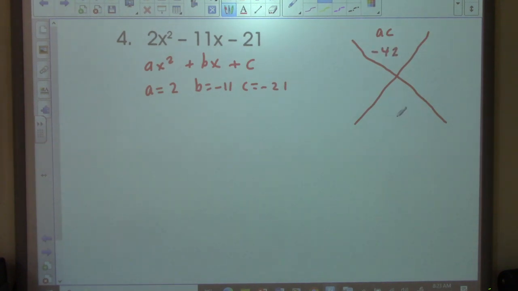Then at the bottom of the X, you put b, which is negative 11. You're looking for two numbers which, when multiplied together, equal negative 42, yet when added together equal negative 11. What two numbers would those be?